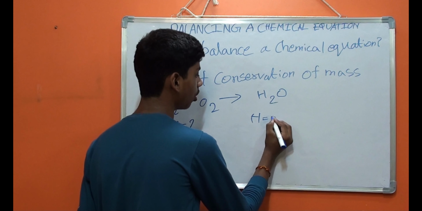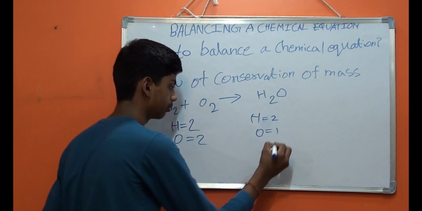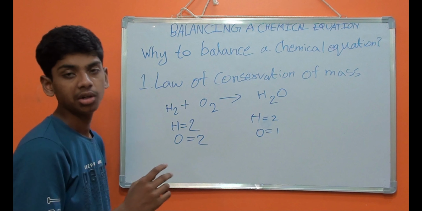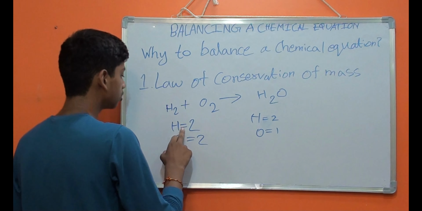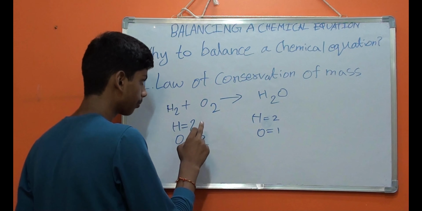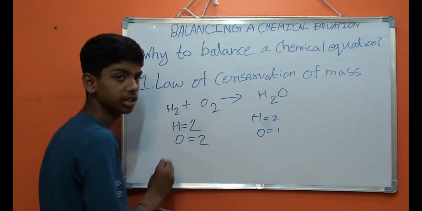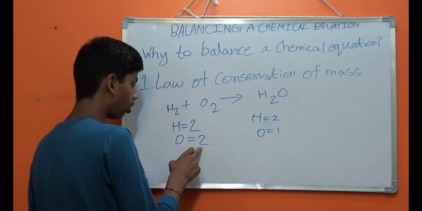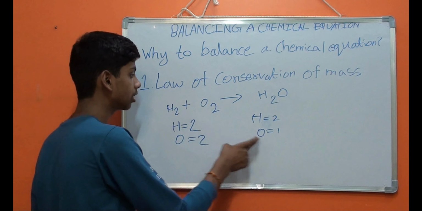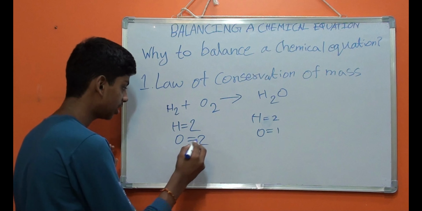Also hydrogen on the right hand side has 2 atoms and oxygen has 1 atom. According to this law, on both sides of the equation there should be the same number of atoms. So here we have 2 atoms and here also 2 atoms. Hydrogen and hydrogen have the same number of atoms, but oxygen on the reactant side has 2 atoms and on the product side has 1 atom.